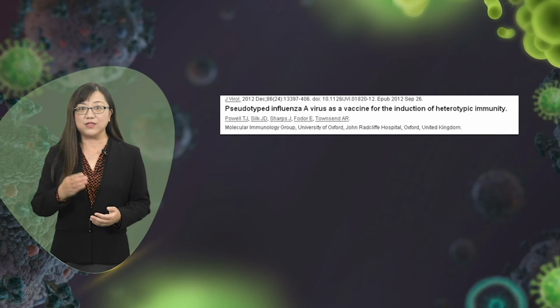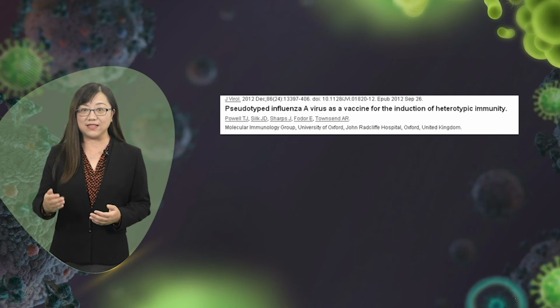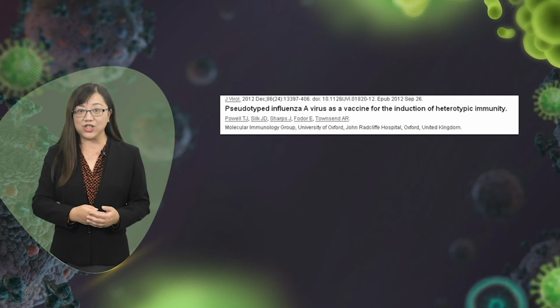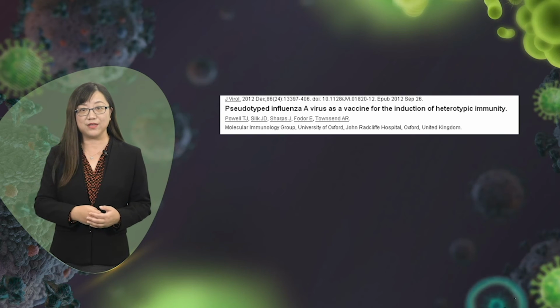Two publications are associated with pseudotypes. People used pseudotypes as a tool to make vaccines. The first paper showed the pseudotyped influenza A virus as a vaccine for the induction of heterotypic immunity.